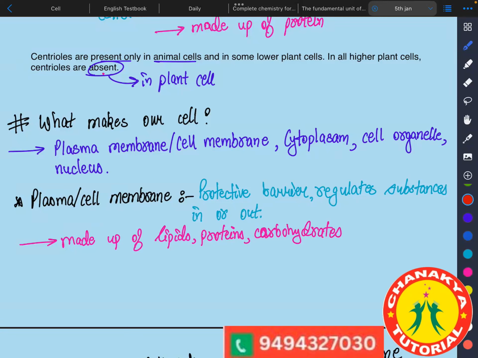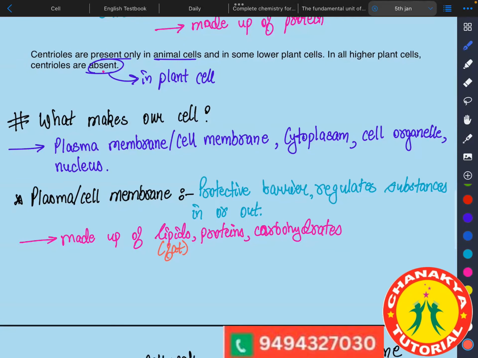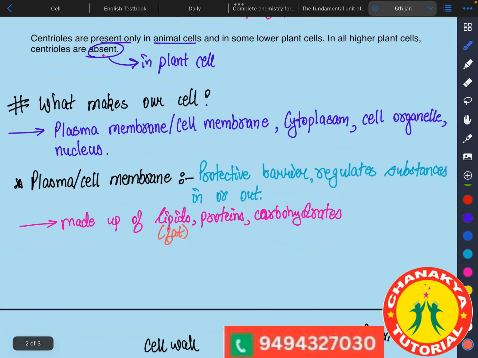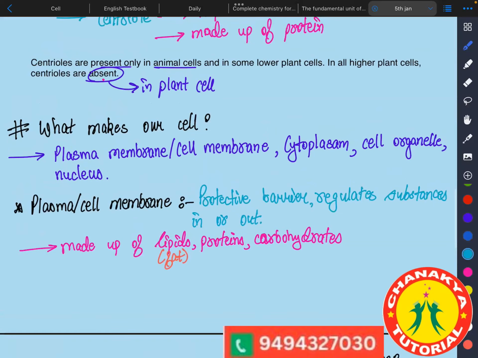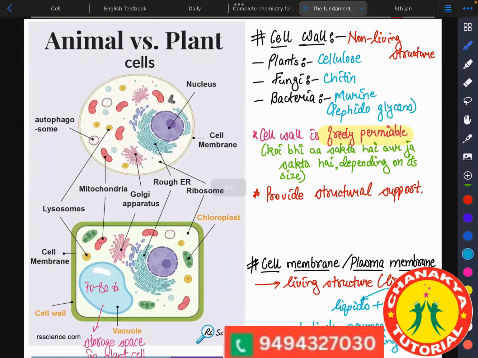If someone does not know what lipids are, basically lipids are fat. You can say it as fat. So the plasma membrane is made up of lipids, protein, and carbohydrates. So it is some kind of a fluid in nature. As you have seen in most of the diagrams, here you can see the cell membrane.